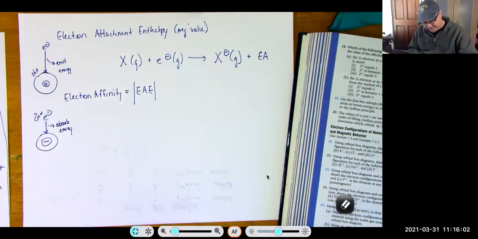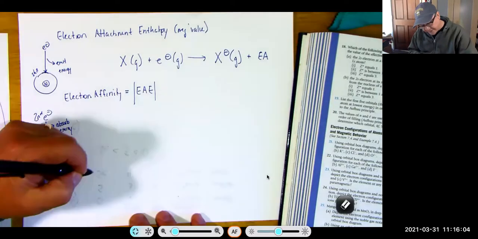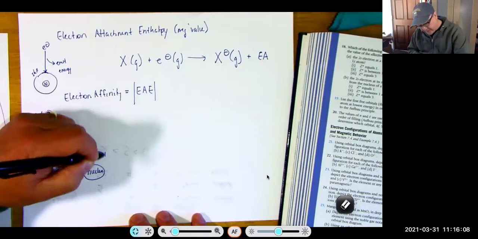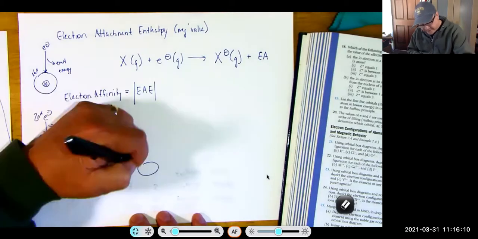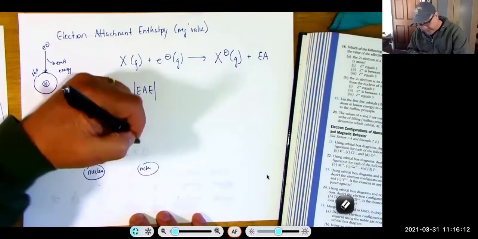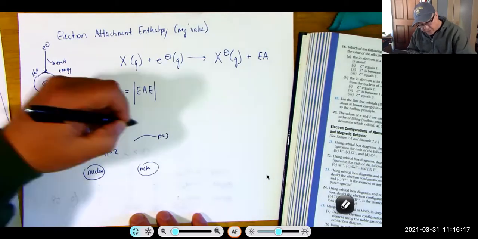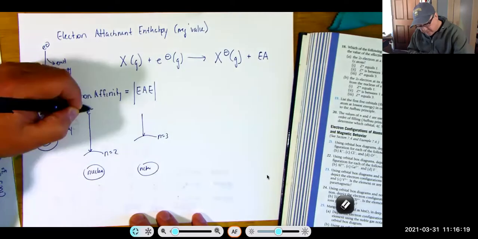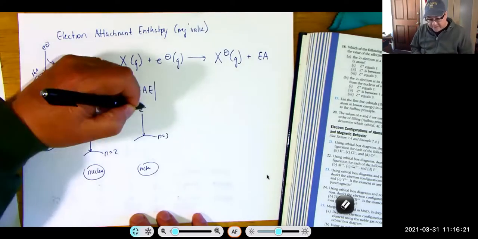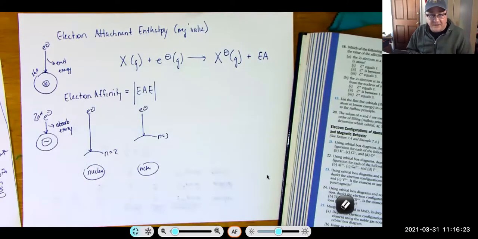For instance, if we have a nucleus and this is n equal 2, and a nucleus and this is n equal 3, so you have an electron drop here or an electron drop here, which one is going to have the more negative electron attachment enthalpy? The first case or the second case?